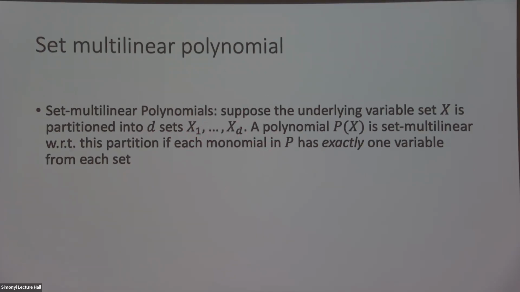Okay, so the determinant is a set multilinear polynomial because you can think of the n by n determinant. Each column is its own set, the variables in each column, and now each monomial in the expansion picks up one variable from each set. Questions about the definition? It's good.